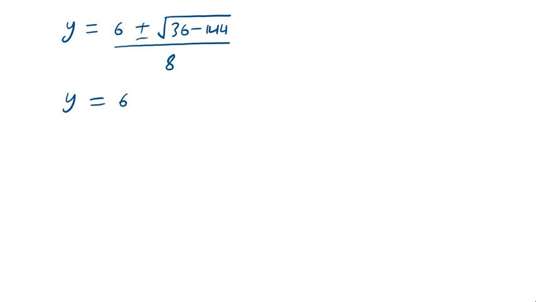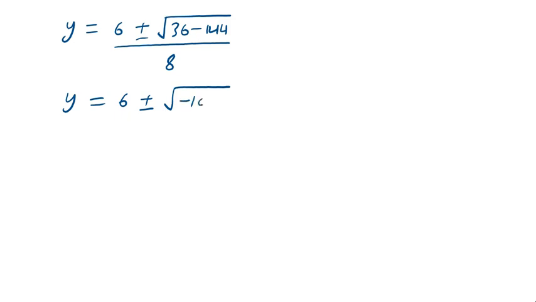Now y is equal to 6 plus minus square root of 36 minus 144, divided by 8. Then y is equal to 6 plus minus square root of 36 minus 144.